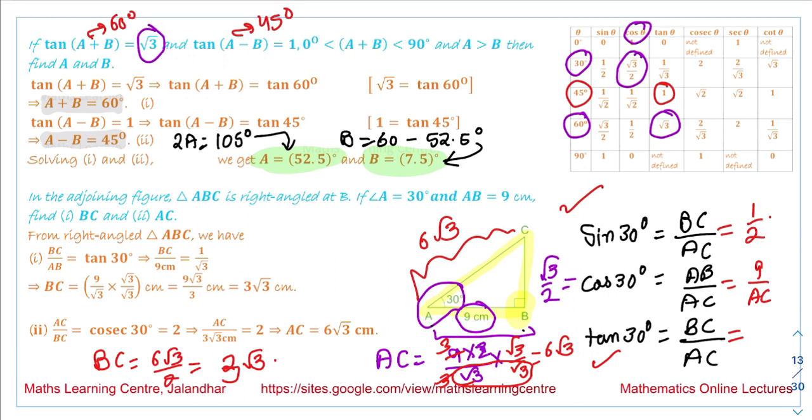So these are the two answers that are required. That is BC is equal to 3 root 3 and AC is equal to 6 root 3 centimeters. So it is up to you which trigonometric ratios you use to find the values. You can use different methods over here.